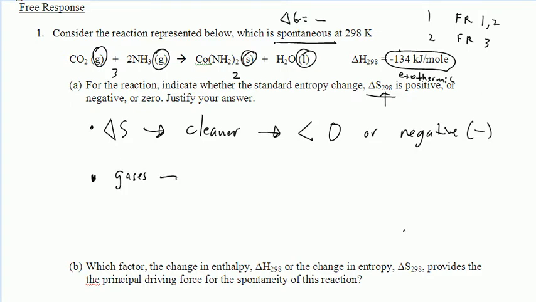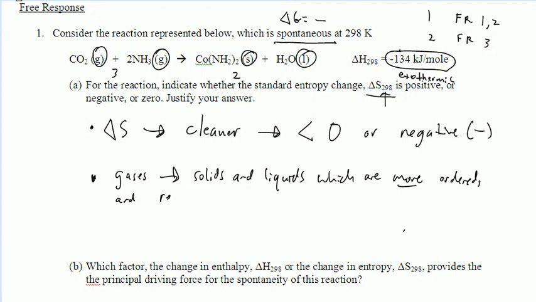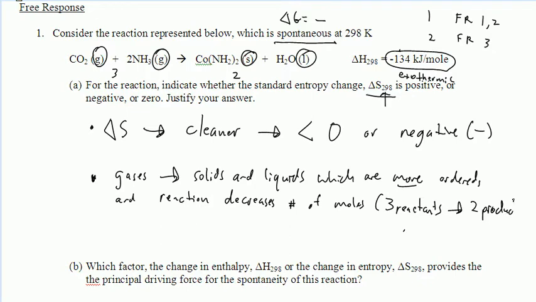Gases are going to solids and liquids, which are more ordered, and the reaction decreases the number of moles. 3 reactants go to 2 products. 2 reasons.